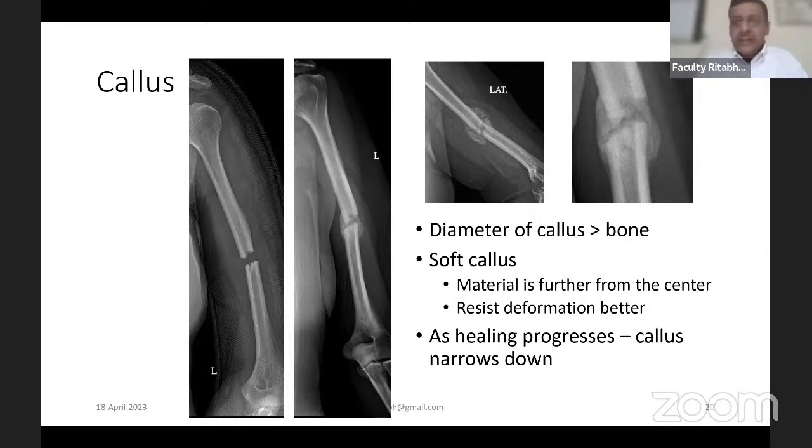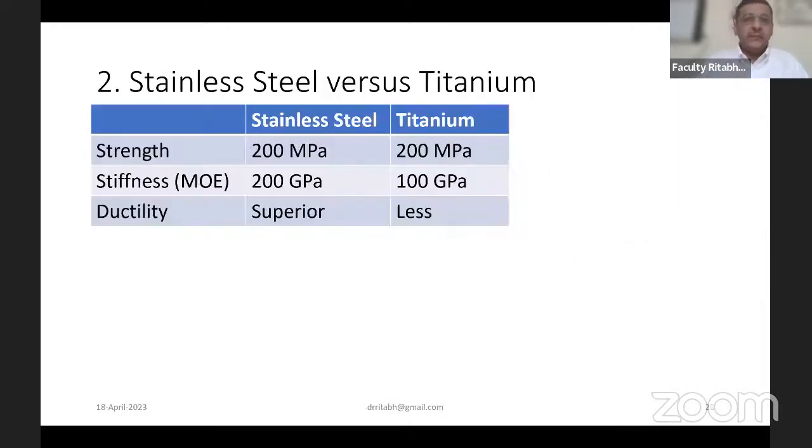Coming to the second learning outcome, stainless steel versus titanium. We can see the strength is almost the same. The strength unit is megapascals, and the resistance to deformation is significantly higher, almost 1,000 times higher. If you see the stiffness of stainless steel, it is double that of titanium.